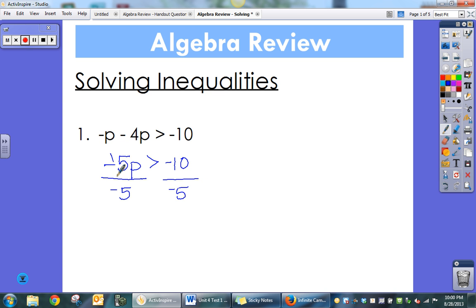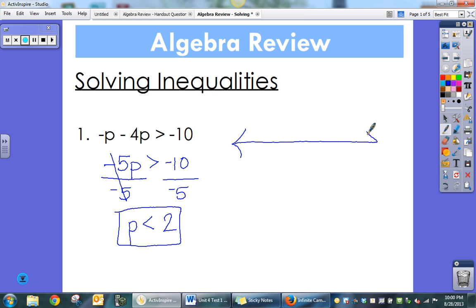And you should have learned at some point that whenever I multiply or divide an inequality by a negative value, it causes my inequality to change direction. So instead of being greater than, it's now less than. Negative 10 divided by negative 5 is positive 2. So there is my inequality, and then I'm going to represent it on my number line over here.